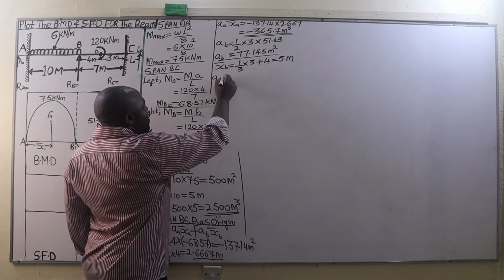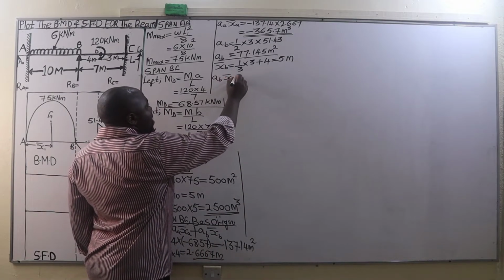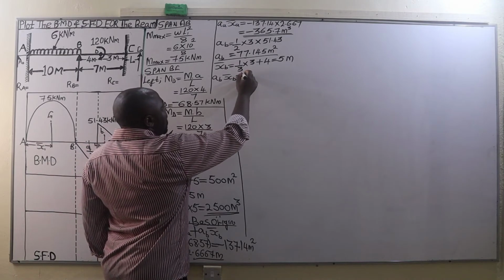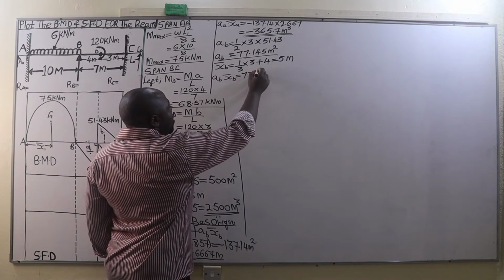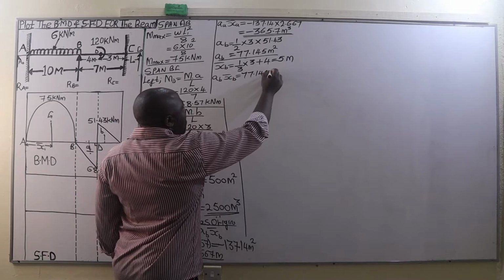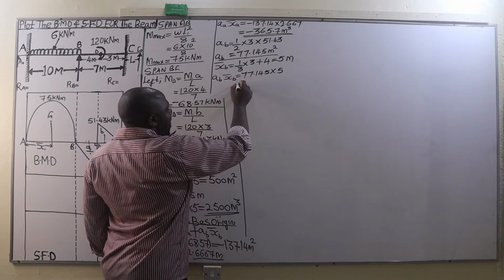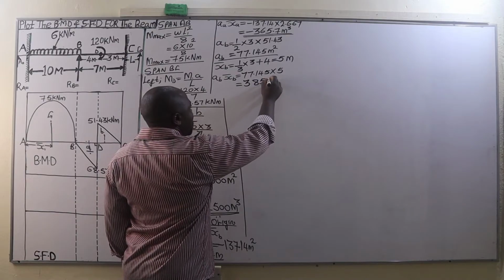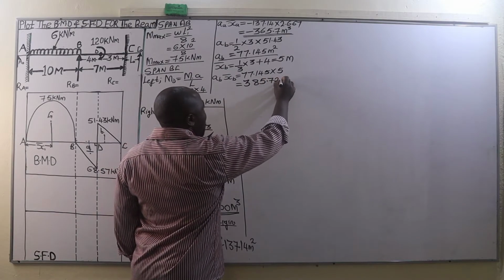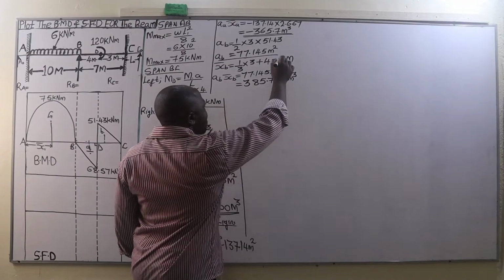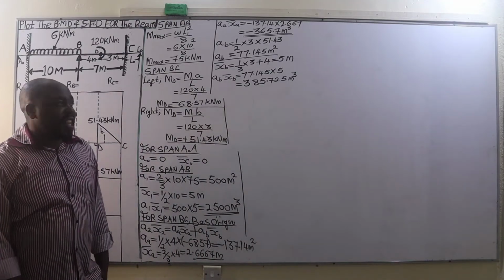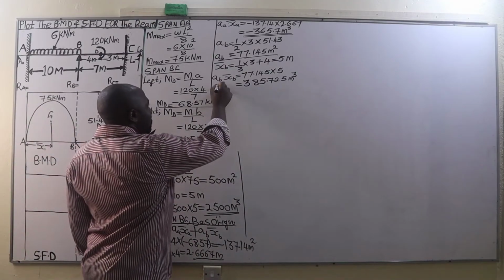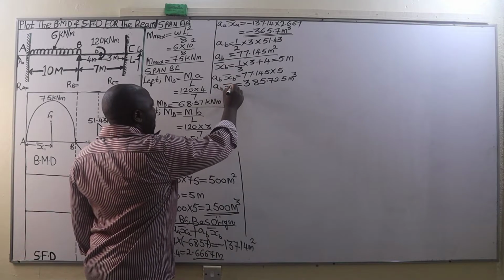Therefore, AB bar XB will be 77.145 multiplied by 5, which is 385.725 meters raised to the power of 3. So that is the value of AB bar XB.